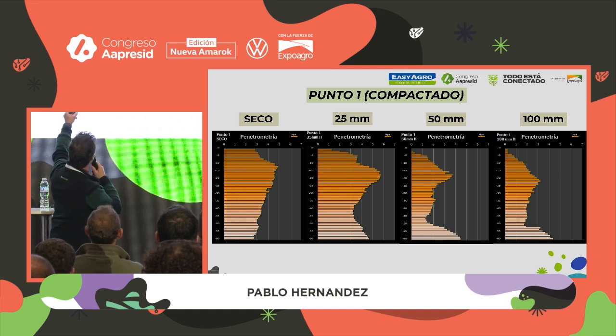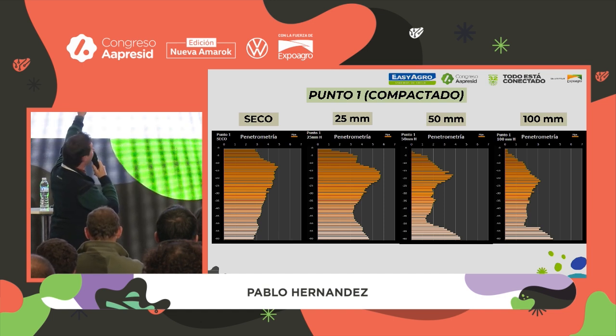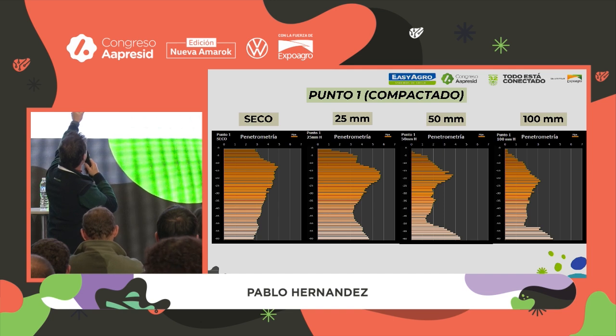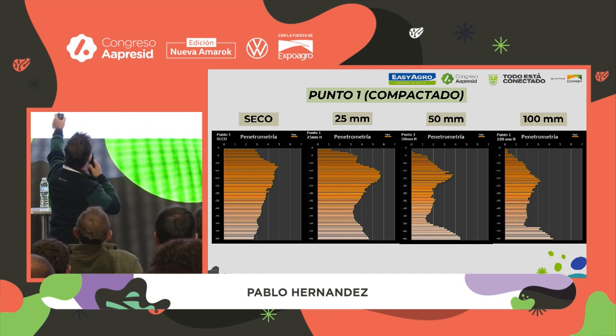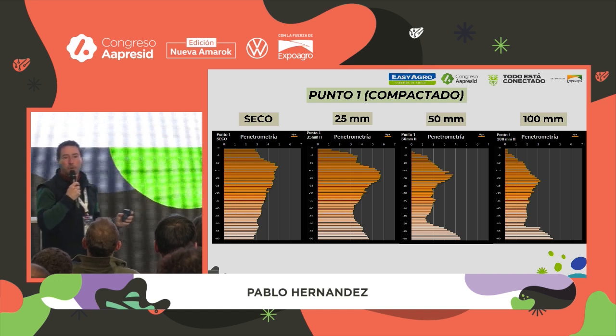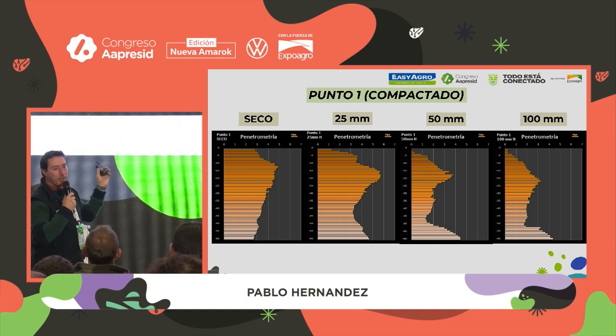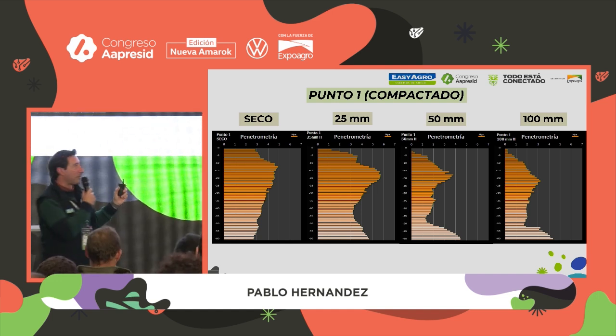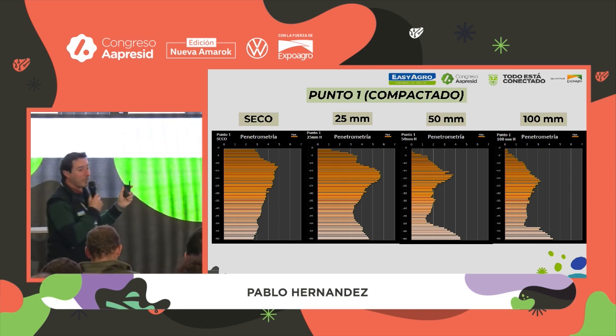When the soil is dry, but we have compacting or compaction, the resistance in megapascals will be high, but resistance grows up to a certain point and then it decreases as it goes deeper. So regardless of whether the soil is dry or compact, the charts show the trend of compacting.